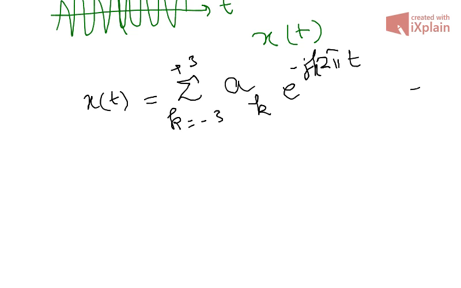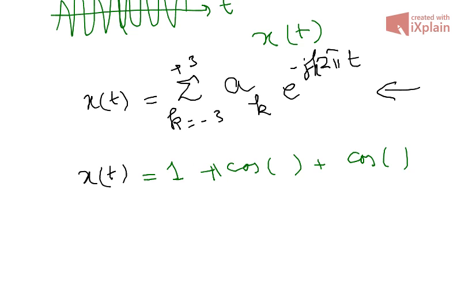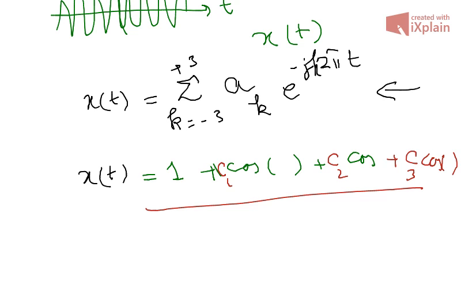It was in the form of complex exponentials, and now we can see the same x of t as a summation of sinusoids: a cos term with some constant here, then another cos term with some constant here. Suppose this is a constant c1, this is c2, and another term with a constant here. We are viewing that x of t as a summation of these sinusoids.